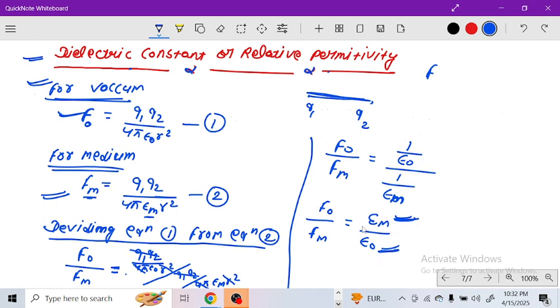Here epsilon m is the absolute permittivity of medium, and epsilon naught is the absolute permittivity of free space. So this is the dielectric constant K, as well as epsilon R, the relative permittivity.